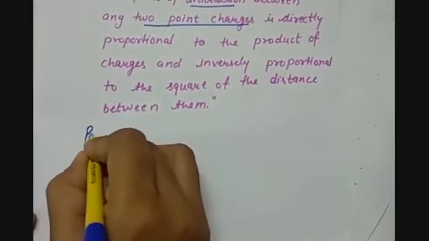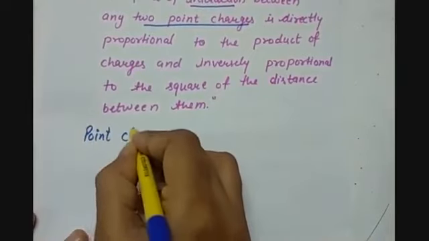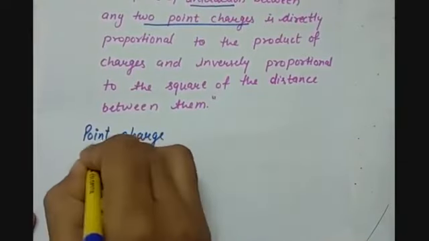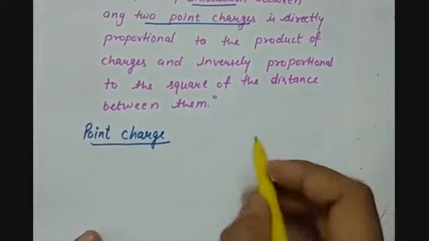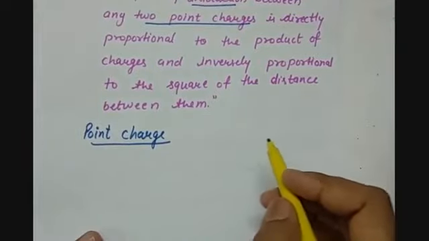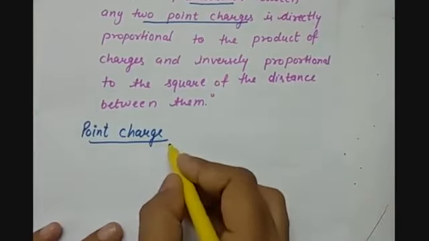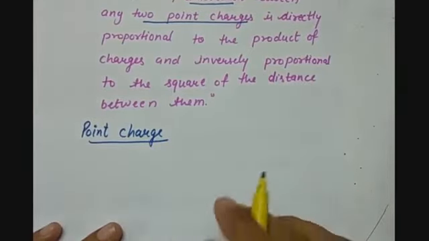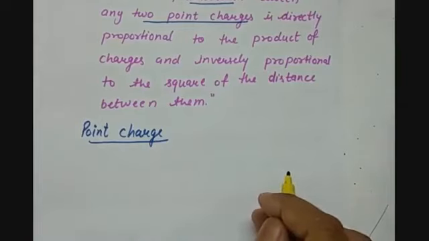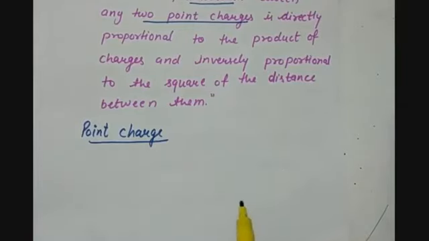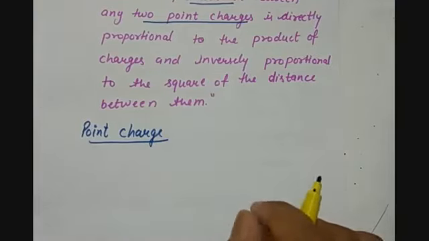The first thing that we have to understand is a point charge. We know that the charges are there in the atmosphere. So a point charge: when the linear size, or you can say the dimensions, of charged bodies are much smaller as compared to the distance separating them, then these charged bodies are called point charges.